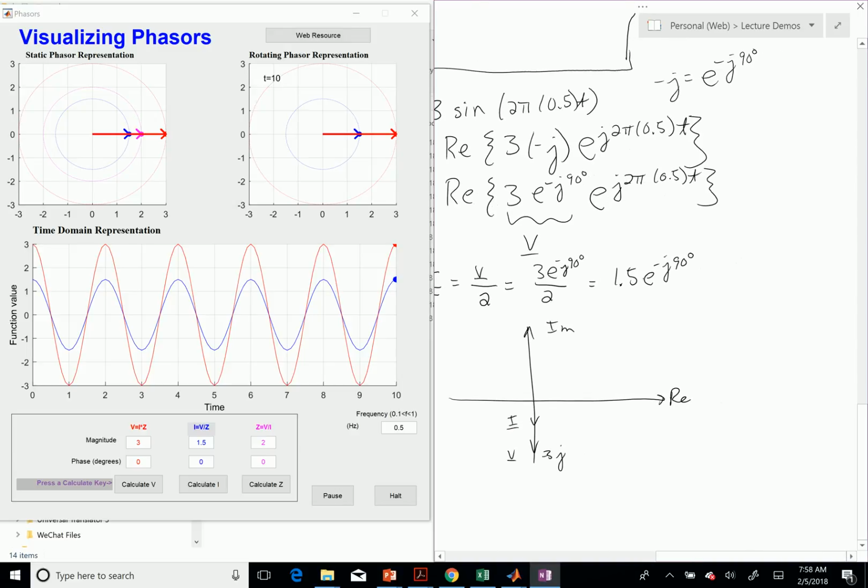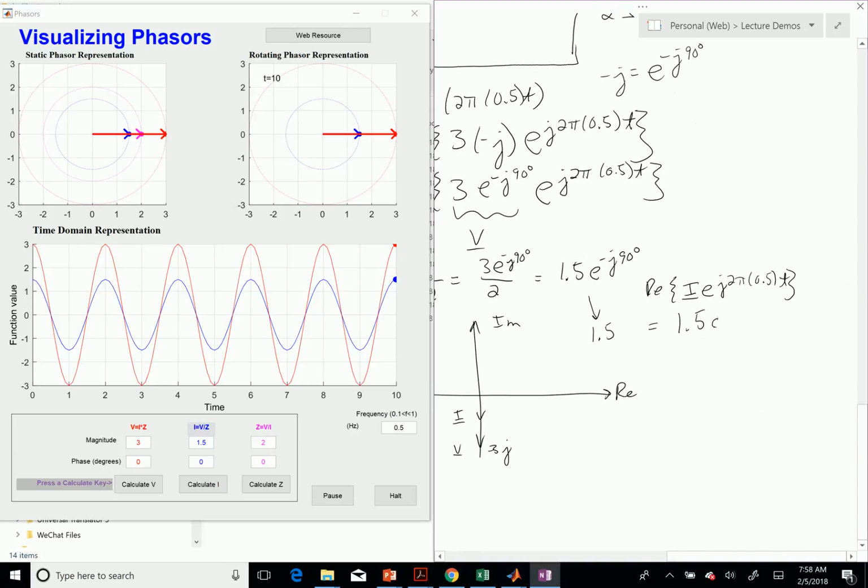Now, if I were to convert this back into the time domain, by taking the real part of I e to the j 2 pi 0.5 t, I would get 1.5 cosine 2 pi 0.5 t minus 90 degrees, or 1.5 sine 2 pi 0.5 t.